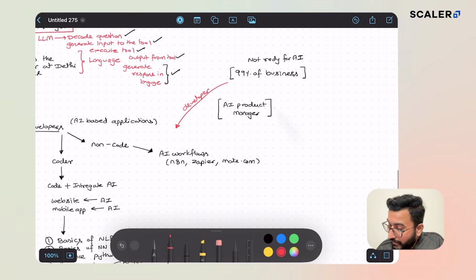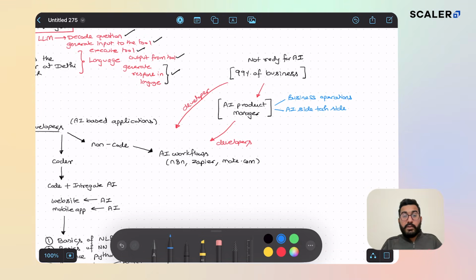So an AI product manager is like a middle person sitting between the business and the developers. These AI product managers know business operations, plus they also know the AI side, the tech side.